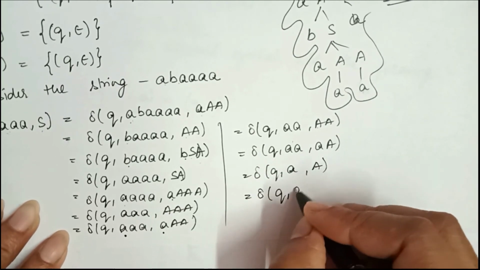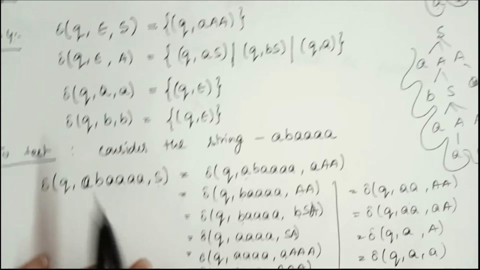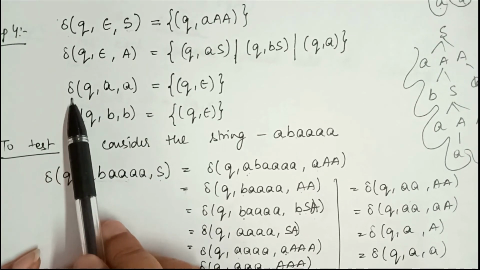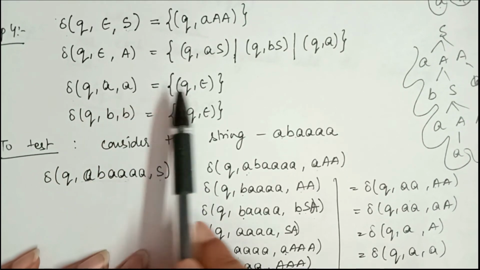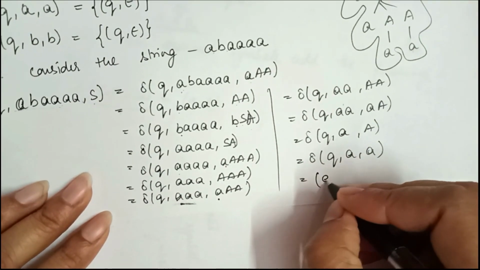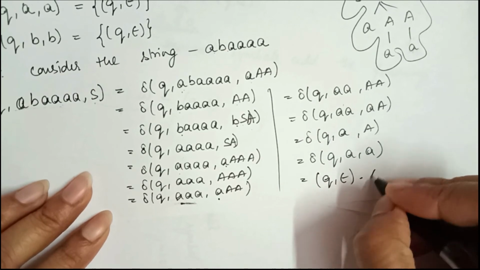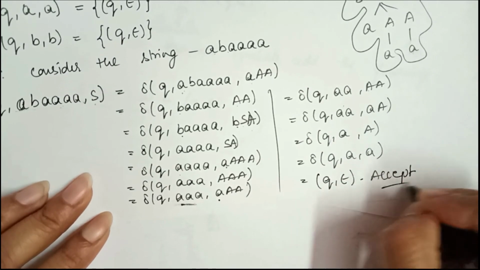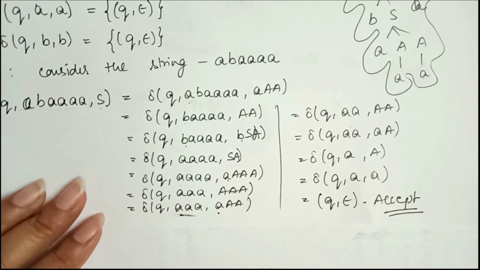And Q comma A. See here, transition of Q comma A will directly give Q comma epsilon. So this will become Q comma epsilon, and this means that the given input string is accepted by this PDA.